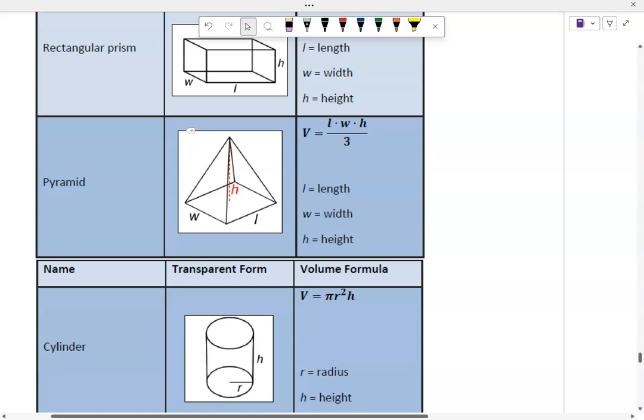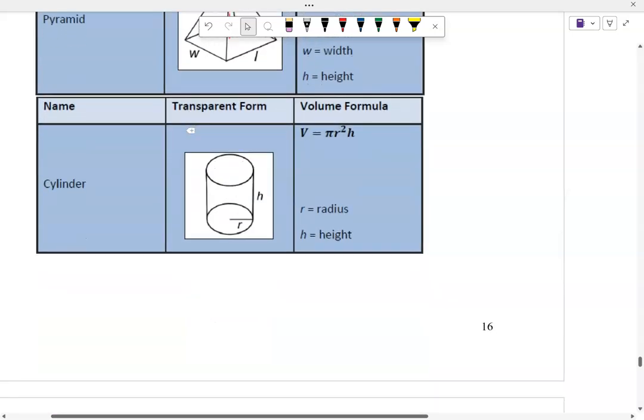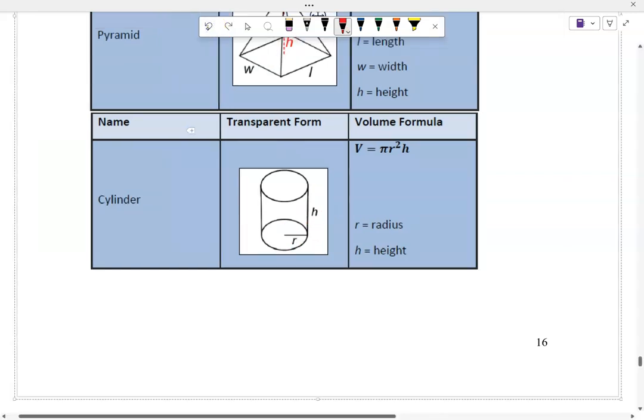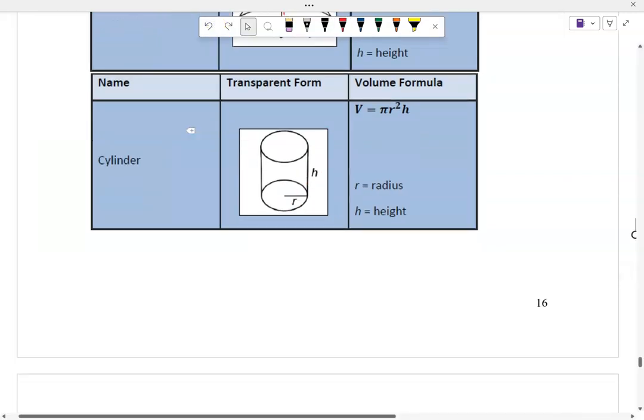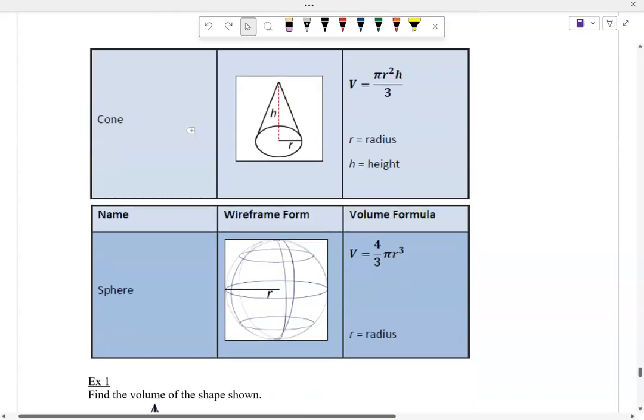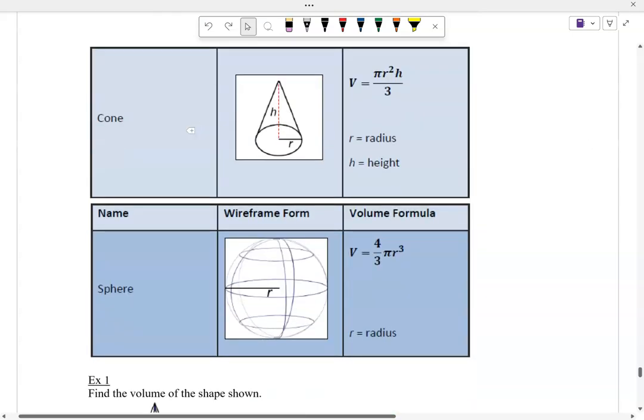You've got a cylinder, which is pi r squared, the area of the circle on the bottom, times that height. Cone, I've got a third pi r squared h, and then finally a sphere, 4/3 pi r cubed. So we'll refer back to these when we're finding these volumes.